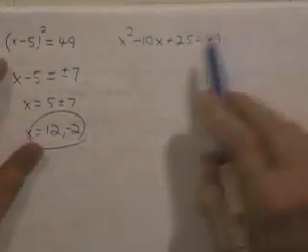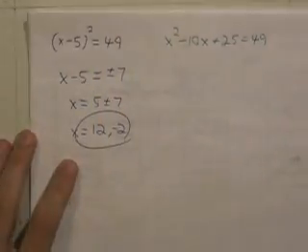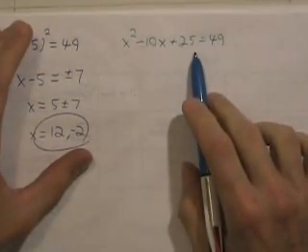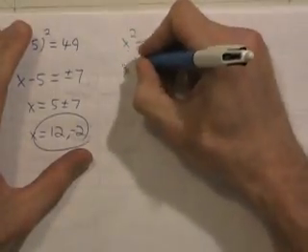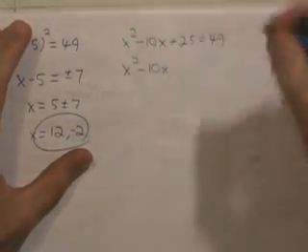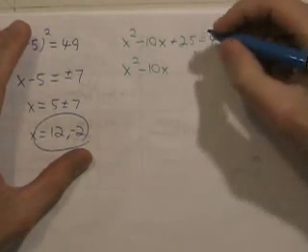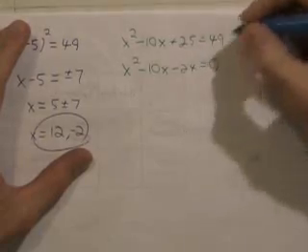So right away, this is a more complicated problem than what we started with. But assuming that you did it that way, what you would want to do would be to bring over the 49, and that'll give you x squared minus 10x, that would be minus 49 plus 25, so that would be minus 24 equals 0.